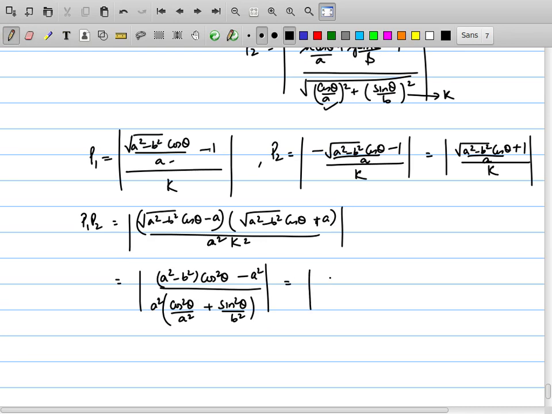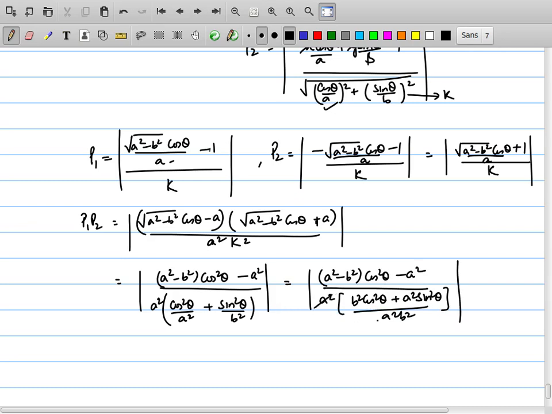Therefore what do we get? A square minus b square cos square theta minus 1 upon, a square b square, cos square theta b square plus a square sin square theta upon a square b square.